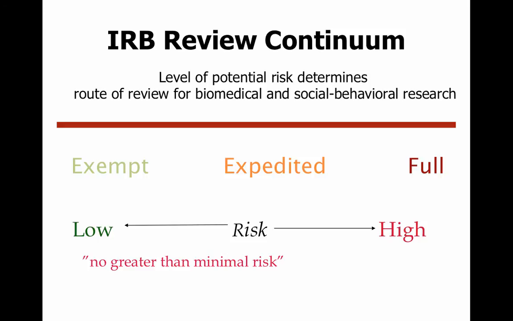However, the chair or his or her designee in reviewing the research may decide that if the research fits into one of the exempt categories, then such research does not need full IRB review and does not need further continuing review, whereas expedited research simply means that the research does not need to be reviewed by the full IRB, but investigators need to submit continuing review reports.